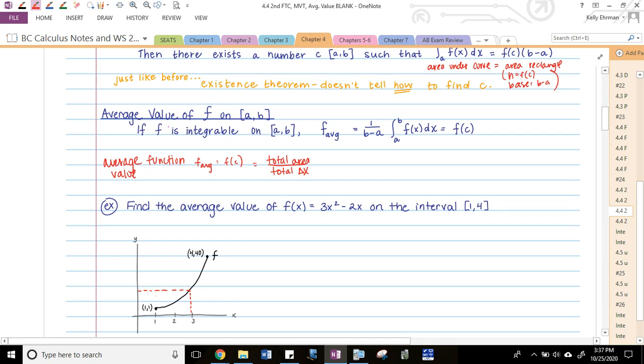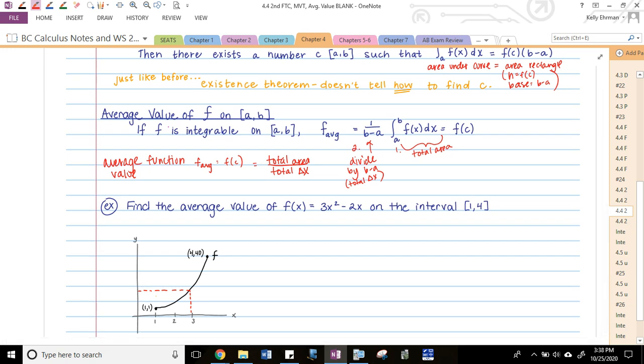Well, think about what this formula is actually saying. It's saying, first, find the integral, which is the total area under a curve on the section a to b, and second, multiply by 1 over b minus a, or in other words, divide by the total delta x, right? Total change in x is whatever the length of b minus a is.